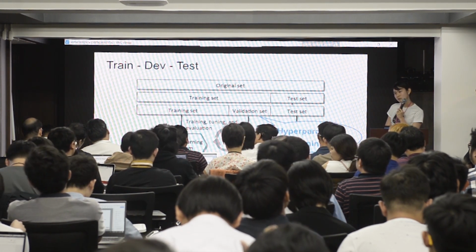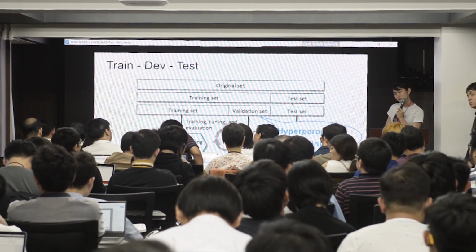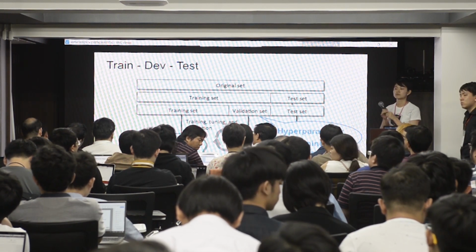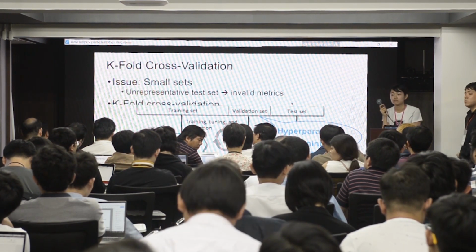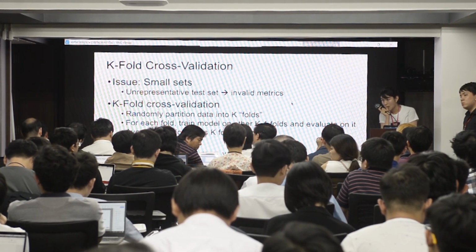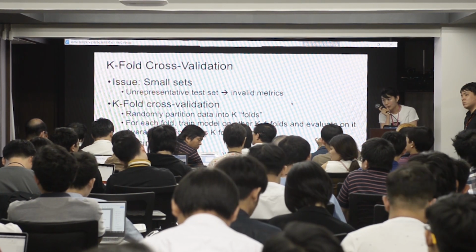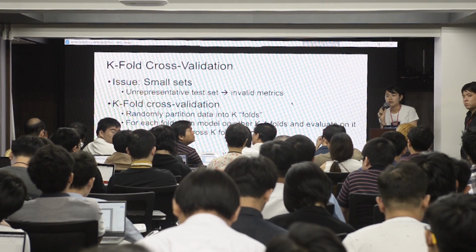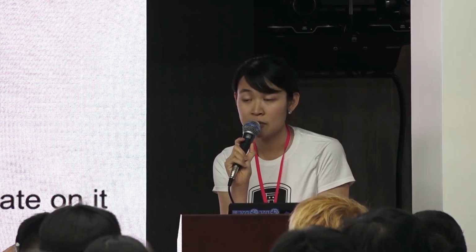I'd like to know the normal practice: when you apply k-fold on the training set, after that, do you still need any kind of validation set before you apply on the test set? Okay, then the answer is no. K-fold validation is a specialized validation just for smaller data sets.